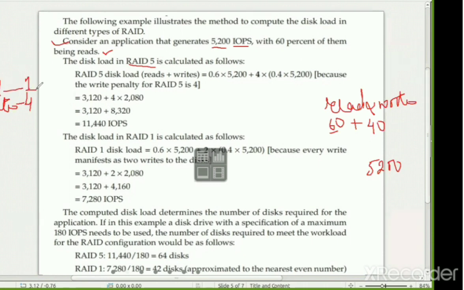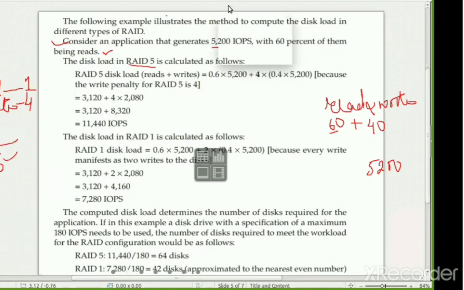For RAID 5, the write penalty is 4. For RAID 6, the write penalty is 6. These numbers are common, you cannot change them.